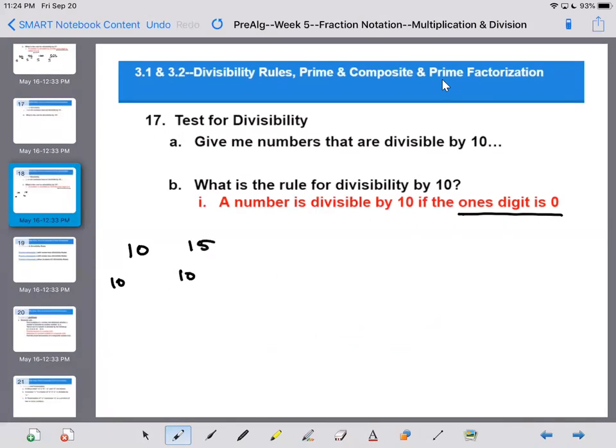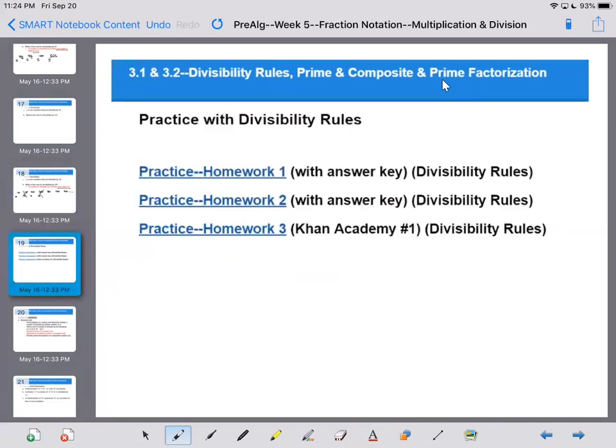So 10 will not divide 15 a whole number of times, but what about 20? 10 will divide 20. 10 will not divide 25 evenly. 10 will divide 30 and 40 and 50 and so forth. So we're looking at the ones digit, and if that ones digit is a 0, then we know it's divisible by 10. And then you've got some practice with divisibility rules.